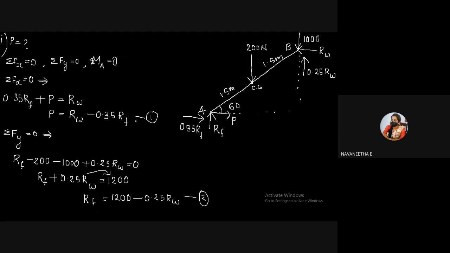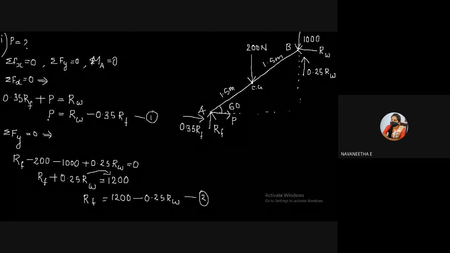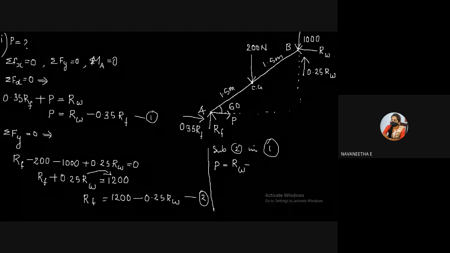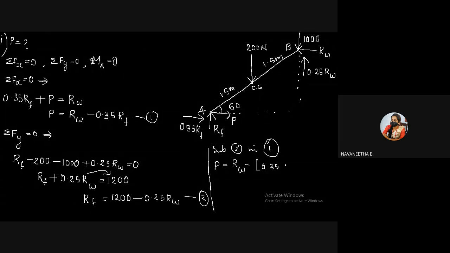Then we can write the entire equation in terms of P and RW, right? So we substitute equation number 2 in equation number 1. So what will be the equation? P equal to RW minus, instead of RF, we can write 1200 minus 0.25 RW, so it will be 0.35 into RF, where RF is 1200 minus 0.25 RW.